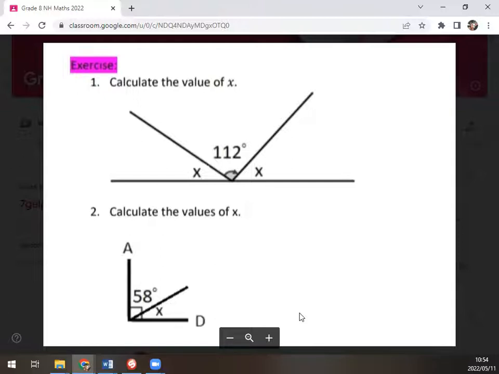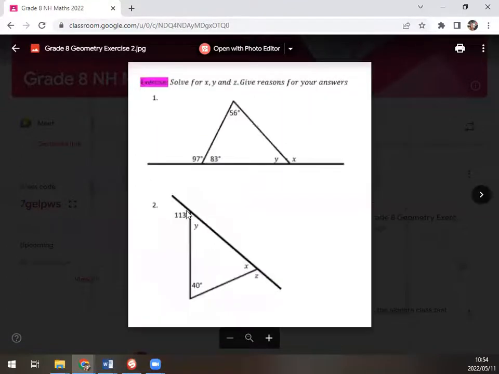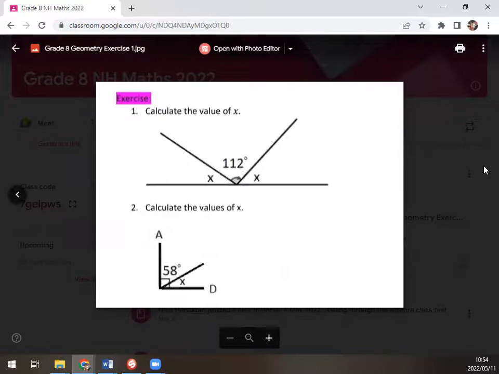So first do the textbook one. Then this is exercise 1, which is on Google Classroom. Exercise 2 is a triangle one. Again, just 2 questions. But please, guys, start with the textbook one.